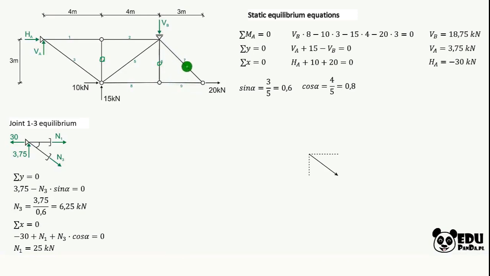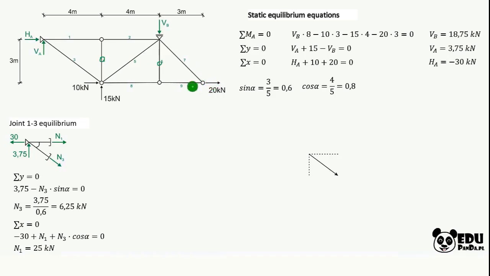Well, good. Let's take a look at the joint 7, 9, where the bars 7 and 9 converge, that is, at this one. If you cut this joint, we would have the reactions N7 and N9, whereby the reaction N9 and force 20 are only horizontal. So they only enter into the sum of projections on the x-axis, not into the sum of projections on the y-axis.